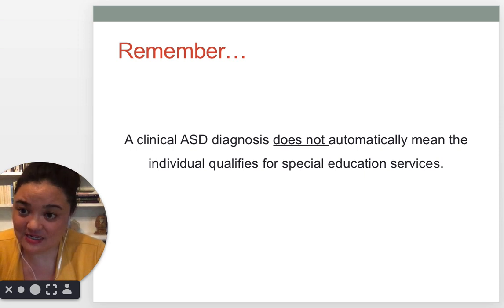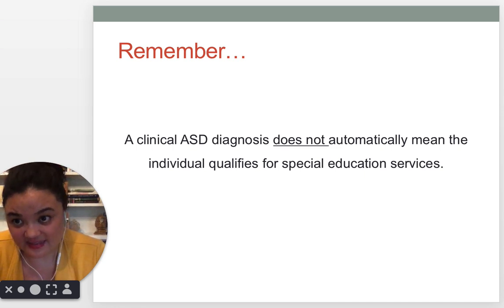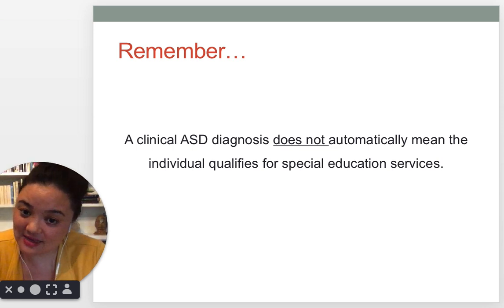And oftentimes the school evaluation will use the same framework as the DSM-5 in order to identify it, but it has to be determined by a school team. So just because an individual gets a medical or clinical diagnosis of autism, that doesn't automatically mean that they receive special ed services.